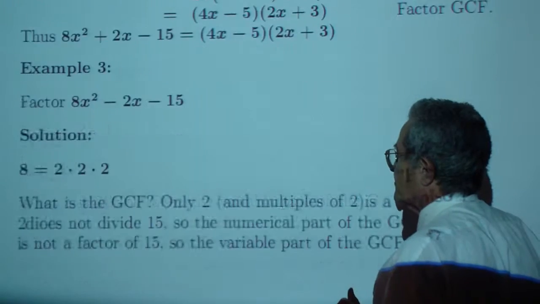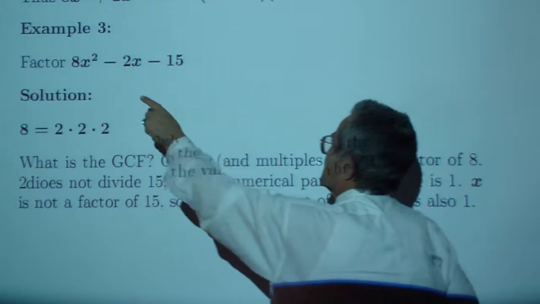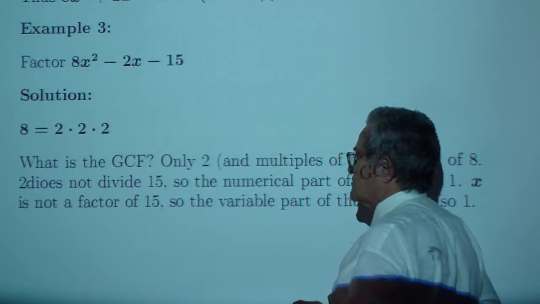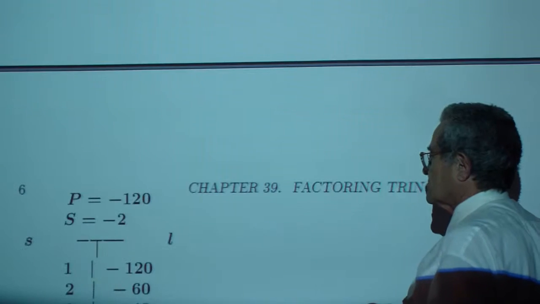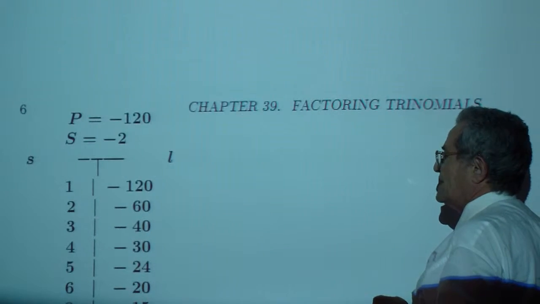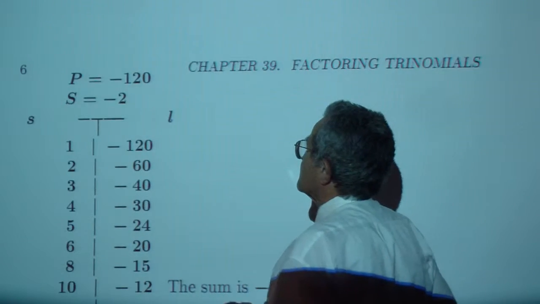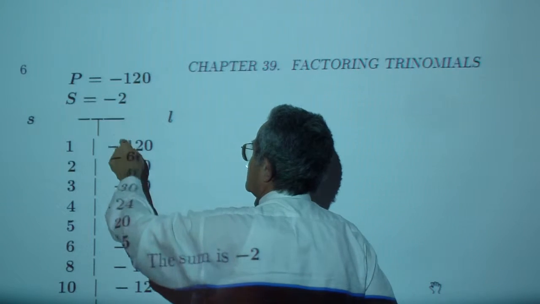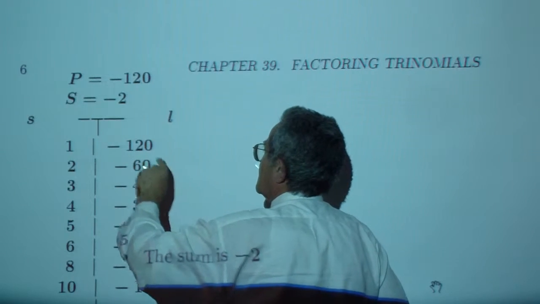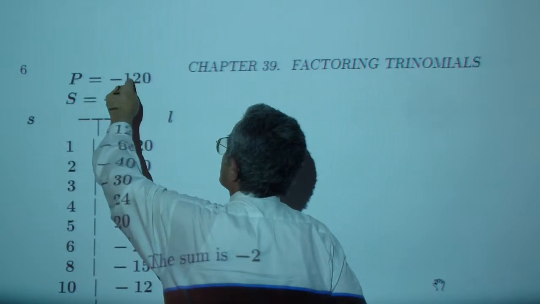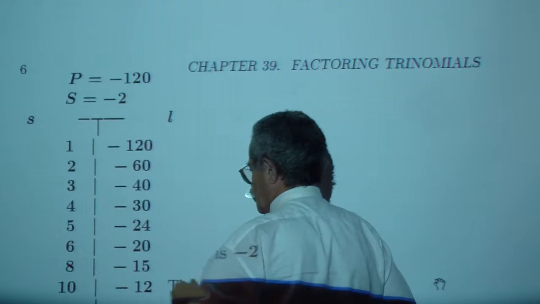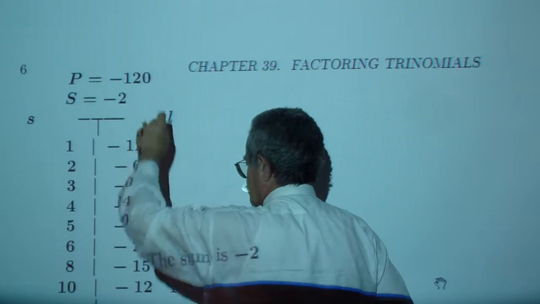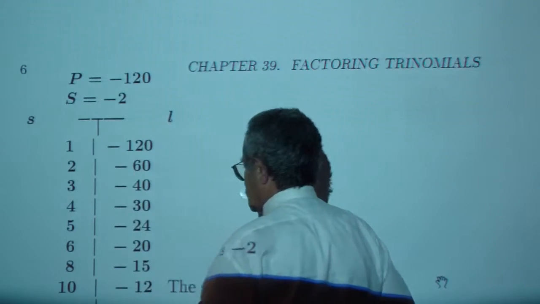Example 3. Factor 8x squared minus 2x minus 15. Greatest common factor is 1. The product is negative 120. The sum is negative 2. The sign of the large number is negative because the sum is negative. A negative number times a positive number gives you a negative product. 10 times negative 12 gives you negative 120, and 10 minus 12 gives you negative 2.